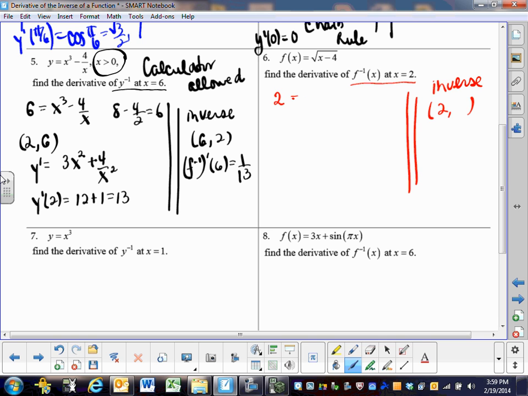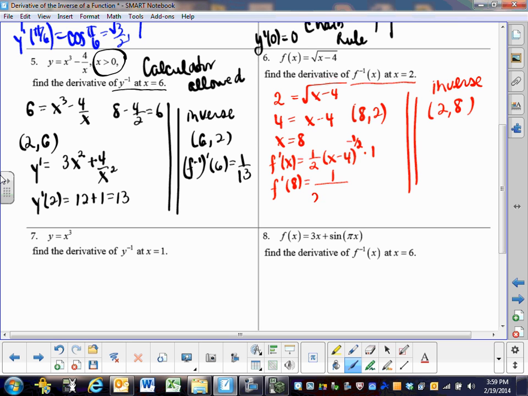Okay, so now the original function has the point 2, 6. The original derivative is 3x squared plus 4x to the negative 2. Okay, so this is 4x to the negative 1, so that comes down as positive 4x to the negative 2. So the derivative at 2 is 3 times 4, which is 12, plus 4 over 4, which is 1, so 13.